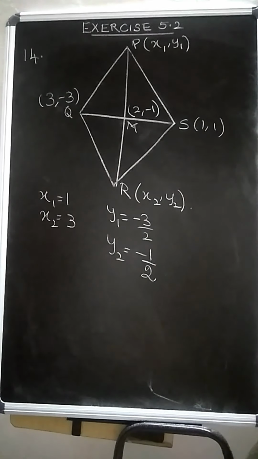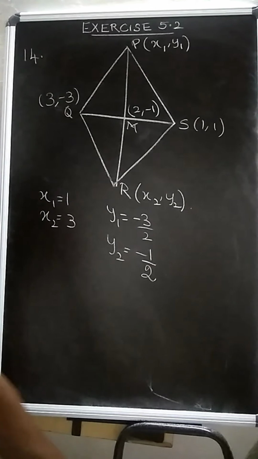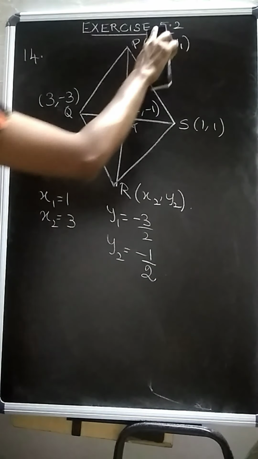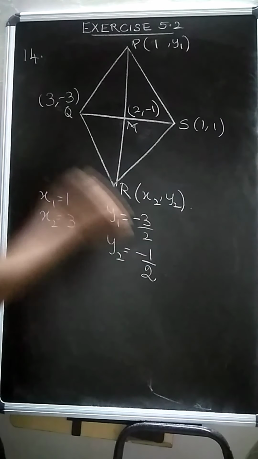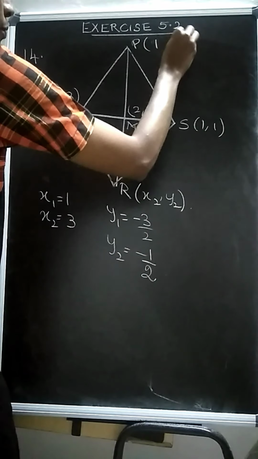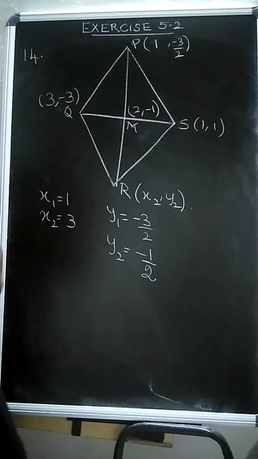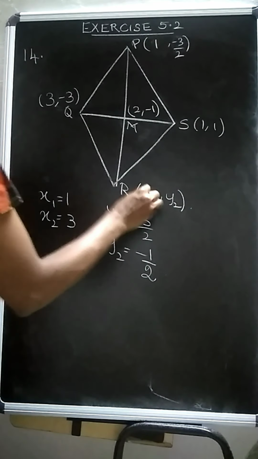Now see, we have got 4 coordinates. Now substitute in this equation. Instead of x1, put 1. Instead of y1, put minus 3 by 2. Now instead of x2, put 3.